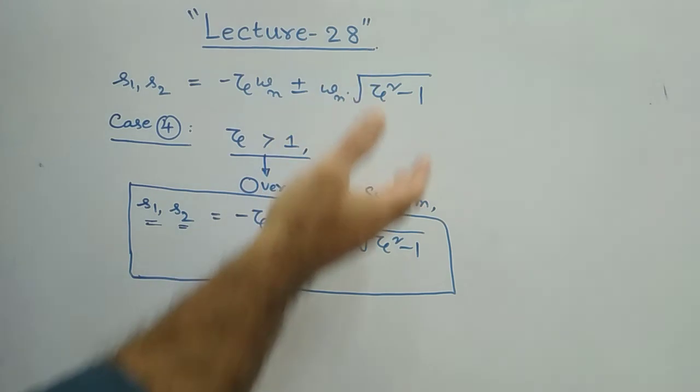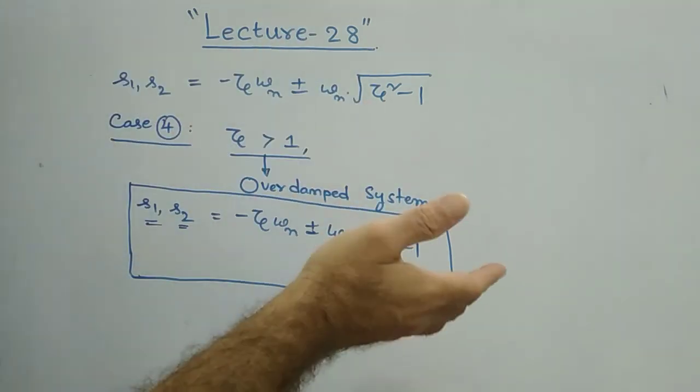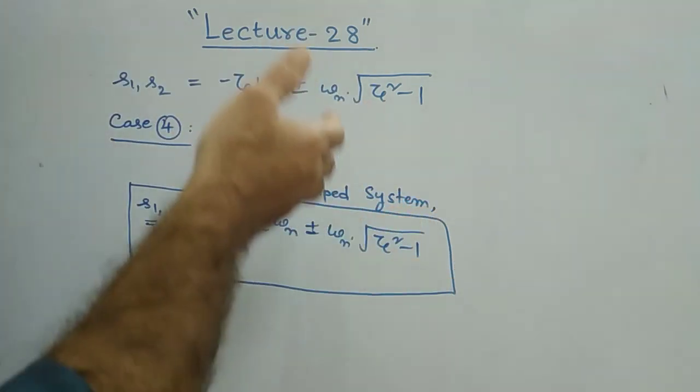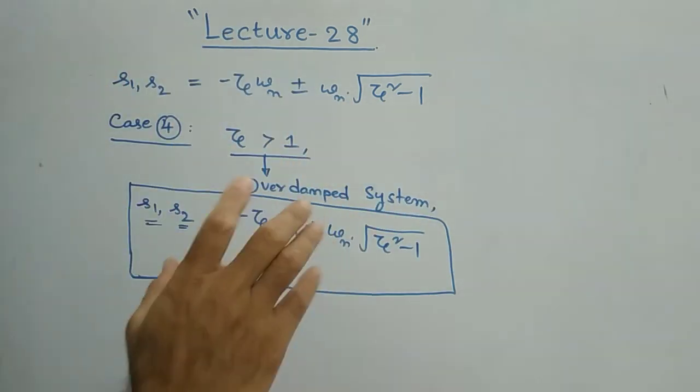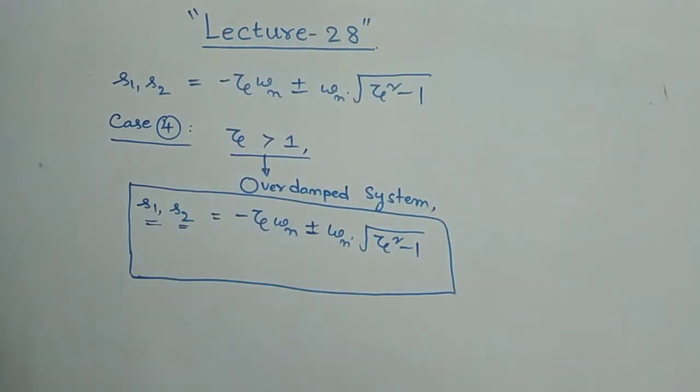The second order system is completely defined by the zeta value itself. Zeta plays a very important role.